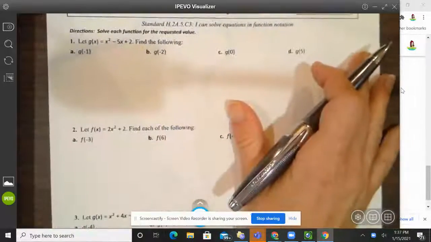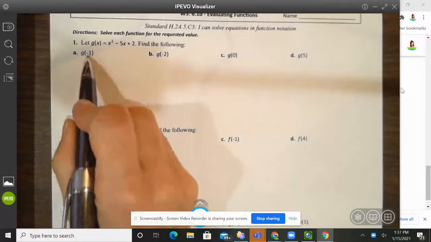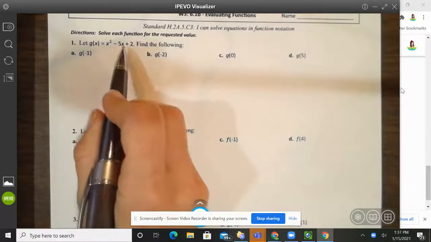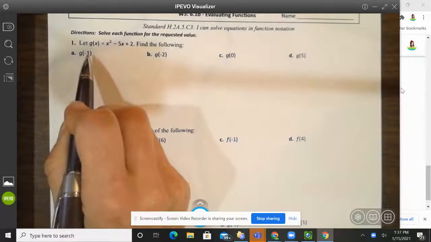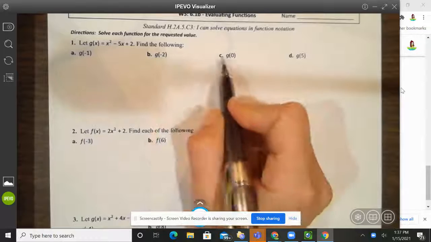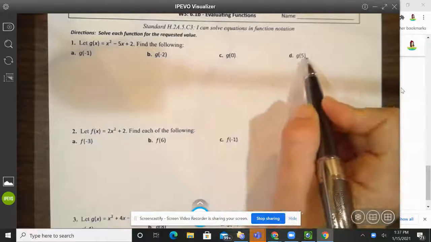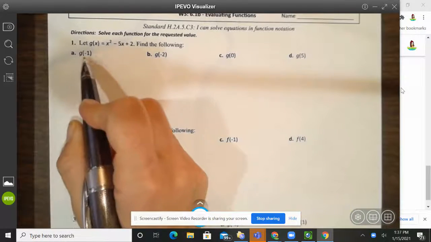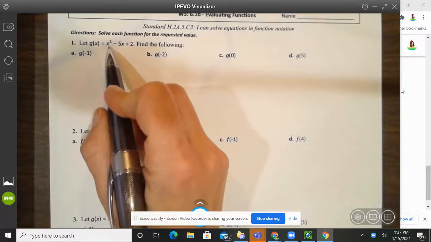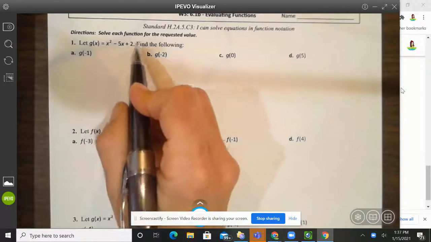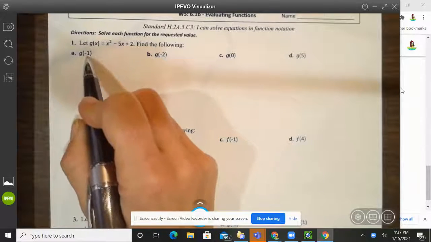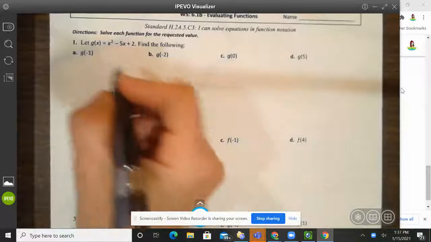So, evaluating functions. When you see this, these will be the values for x: g of -1, g of -2, g of 0, g of 5. They're giving you the value of x. The function is g of x equals x squared minus 5 times x plus 2. We're going to use this function and plug in each input.